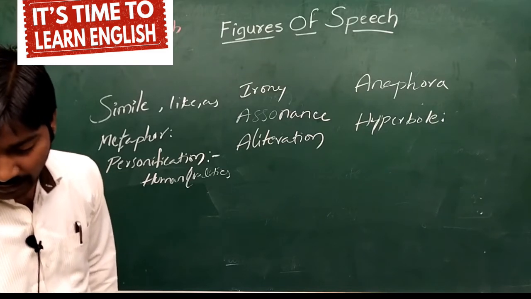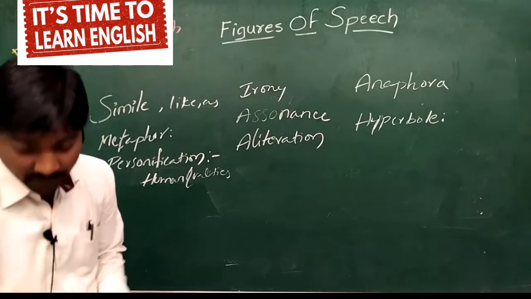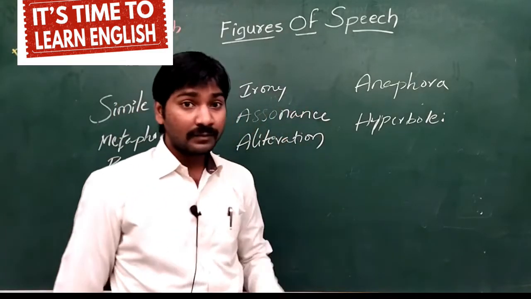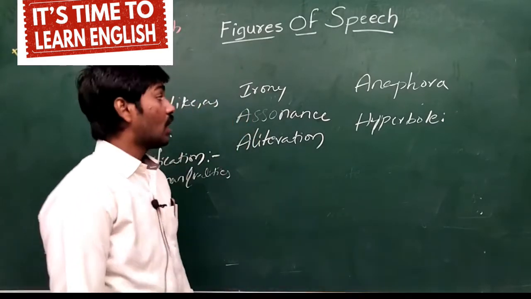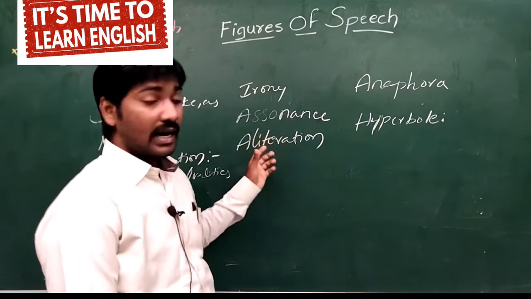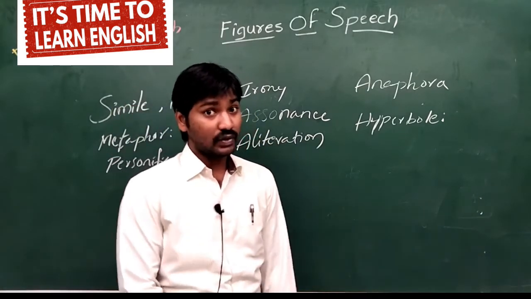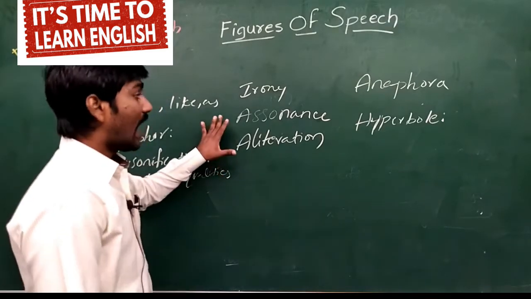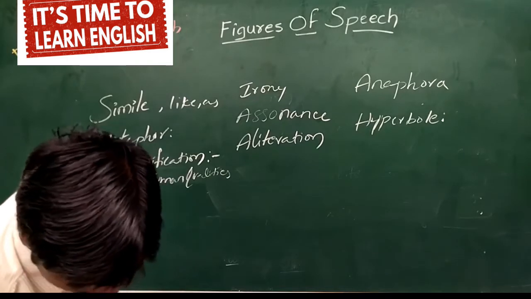One more example: and miles to go before I sleep, from the poem Stopping by Woods on a Snowy Evening, written by Robert Frost. There we get the vowel sound O repeating again and again. So that is assonance.